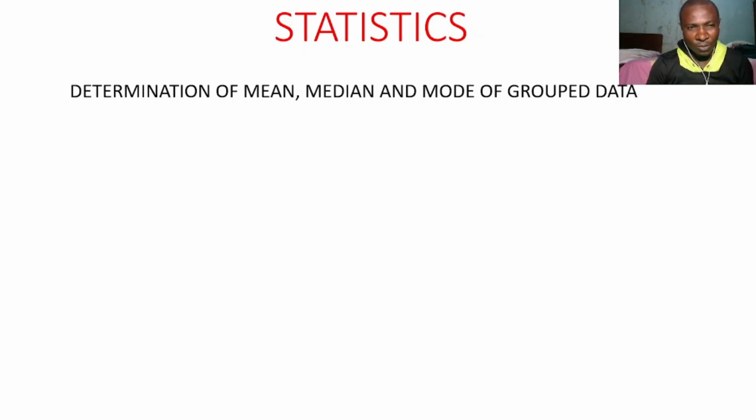We have the ungrouped aspect, which we'll consider in some other video. But in this video, we're just going to be considering how we determine the mean, median, and mode of a group frequency data. Let's explain this with the aid of an example.